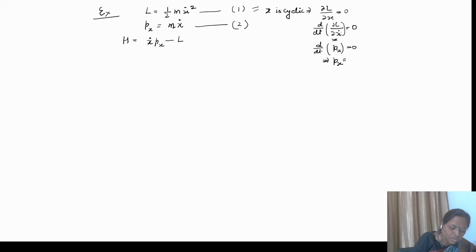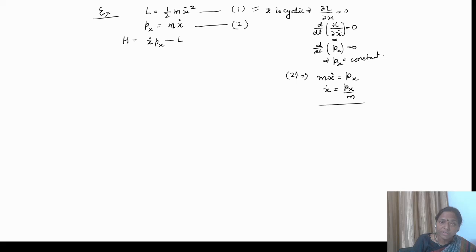Yes, px is constant. Further, your equation 2 implies m x dot is equal to px. So x dot is px upon m.